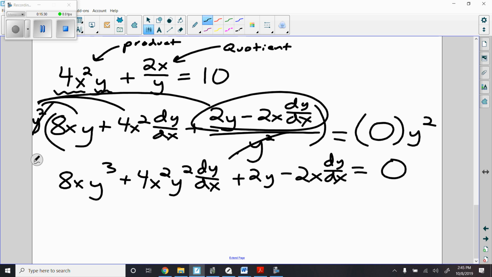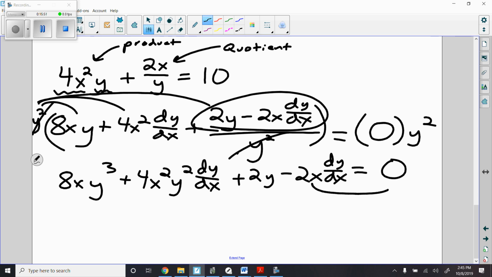So what I'm actually going to do is move both dy/dx's to the other side. That will have 3 of the 4 terms be positive. That negative 2x dy/dx is going to turn to positive 2x dy/dx. And that positive 4x squared y squared dy/dx is going to change to negative.